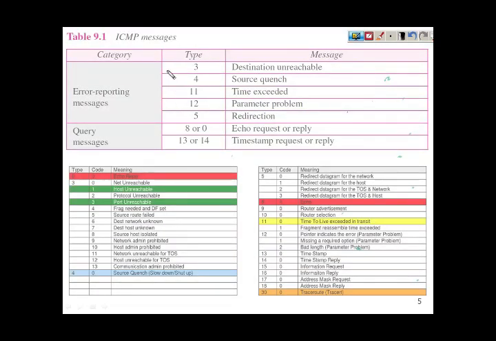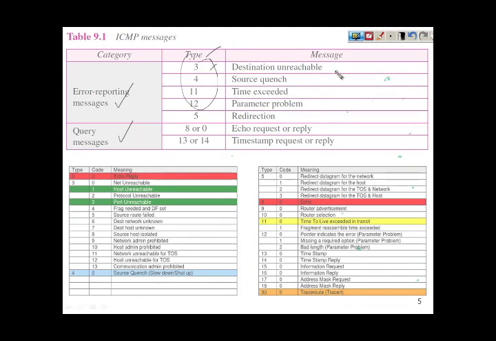So here you can see that ICMP messages are divided into two categories: error reporting messages and query messages. Now, error reporting messages means it will report all kinds of errors that can occur during the transmission. There are many possible reasons by which an error can occur, but all these possible errors are divided into five categories, or you can say five types are defined.